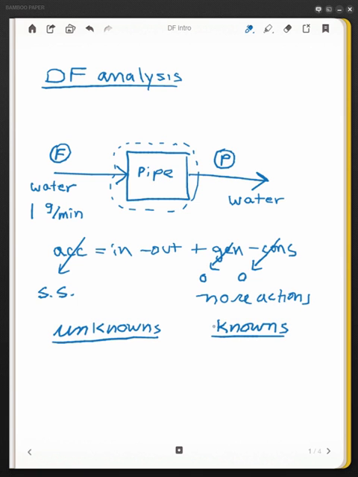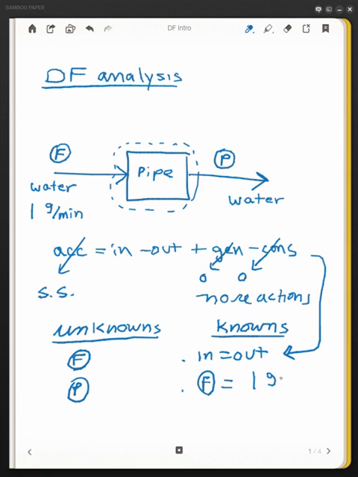Okay, so the unknowns are the mass flow rate of water in F and the mass flow rate of water in P. The knowns are that in is equal to out. That is the law of mass conservation. And we also know that F equals 1 gram per minute.